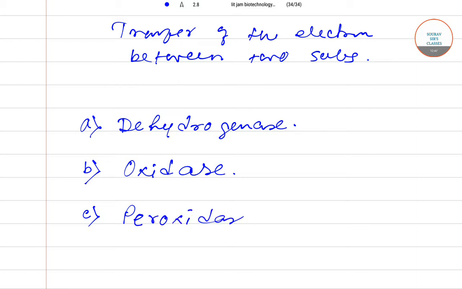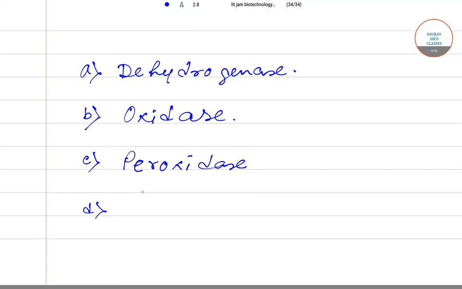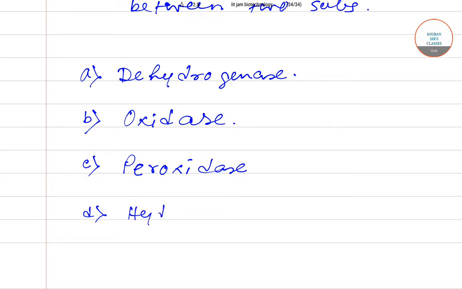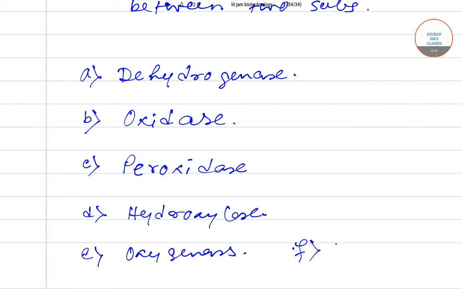Then option D is hydroxylase, then the oxygenase, and F is reductase, that helps in reduction of a reaction.